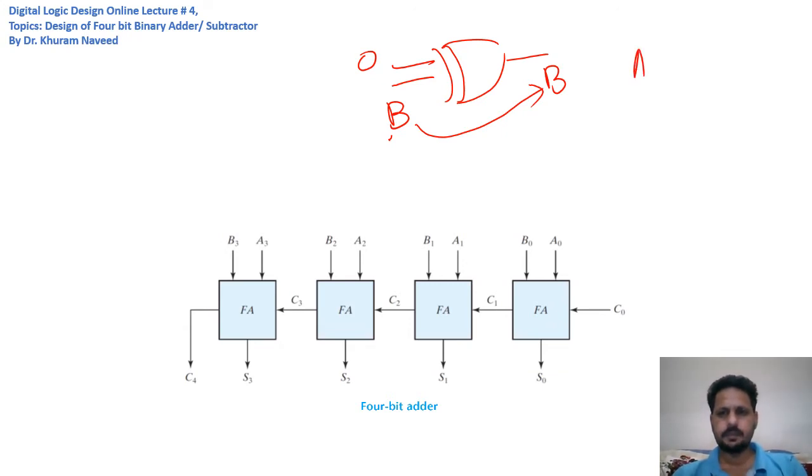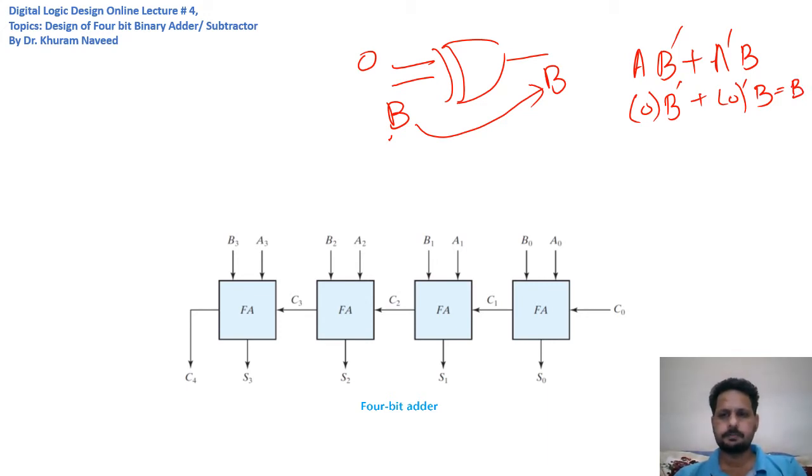So A B complement plus A complement B, and so when we set A to 0, the output in this case would be B, because this part will become 0 and this part will become B, right?